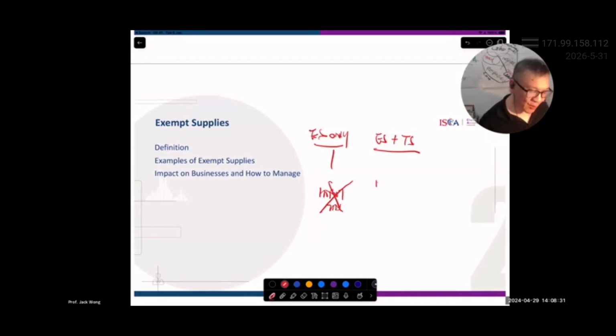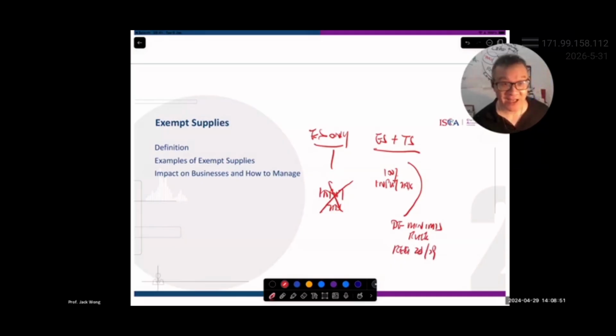Number one, the question whether I can claim back input tax in full, or 100% input tax, depends on whether I fall within the de minimis rule, which is under regulations 28 and 29 of the GST General Regulations.